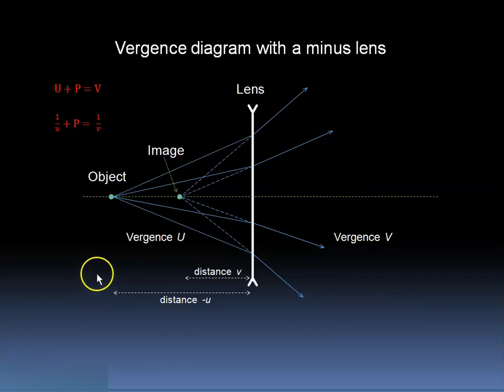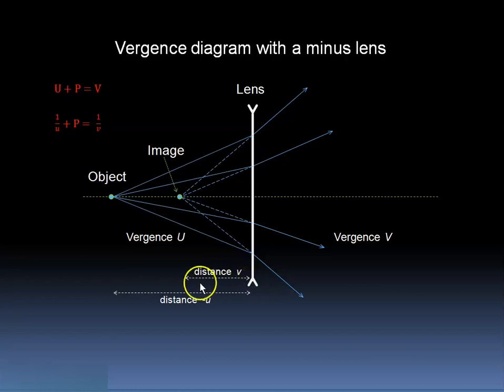Here is a diagram just to show how it looks with the minus lens. It's a very similar calculation. We use the same sign conventions. However, the image is on the same side of the lens, the virtual image that is, as the object.